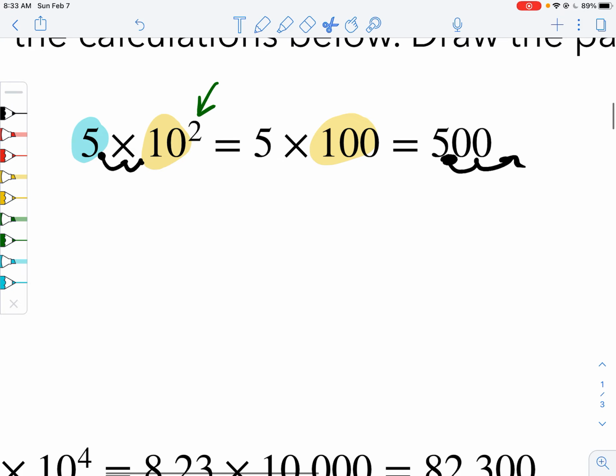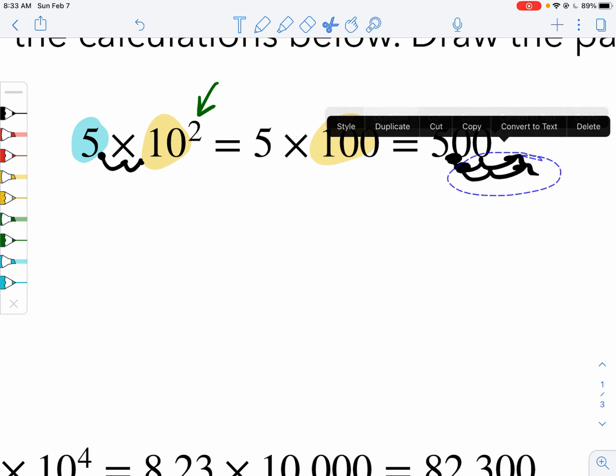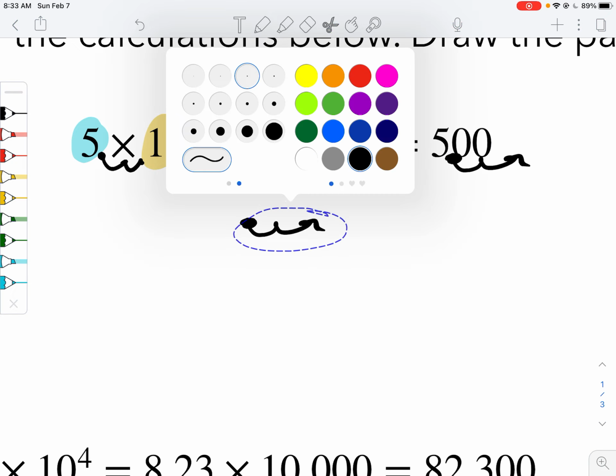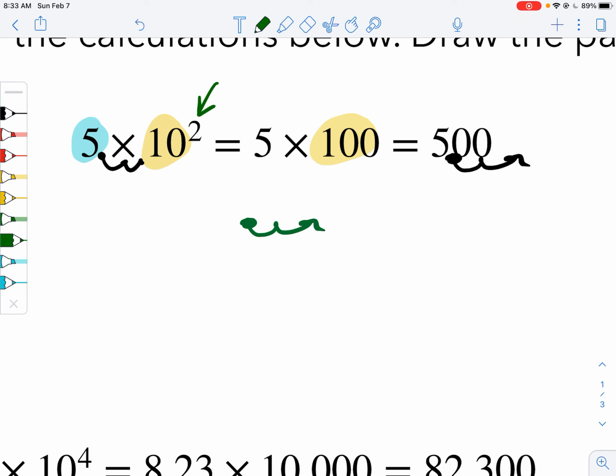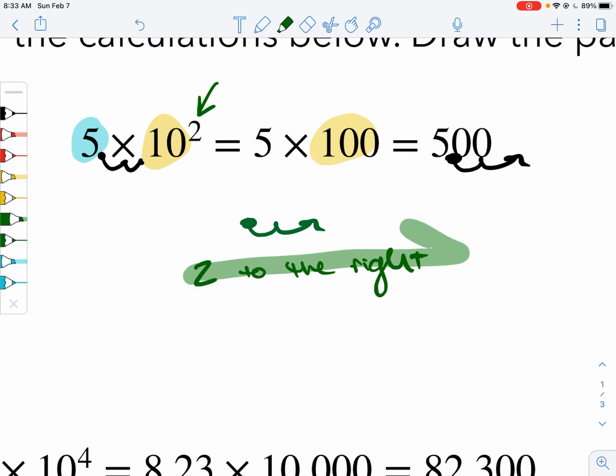That represents a movement of 2 places to the right. So that's a positive 2, 2 places to the right.